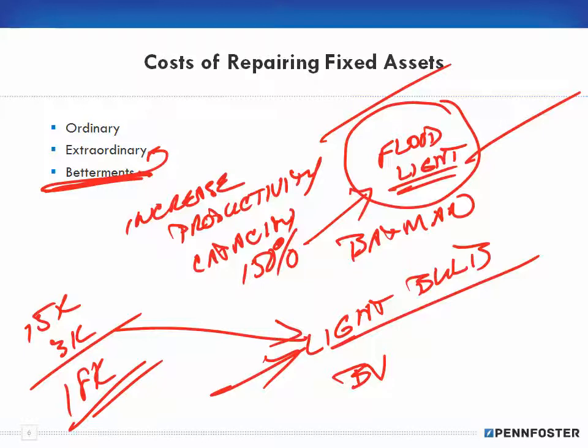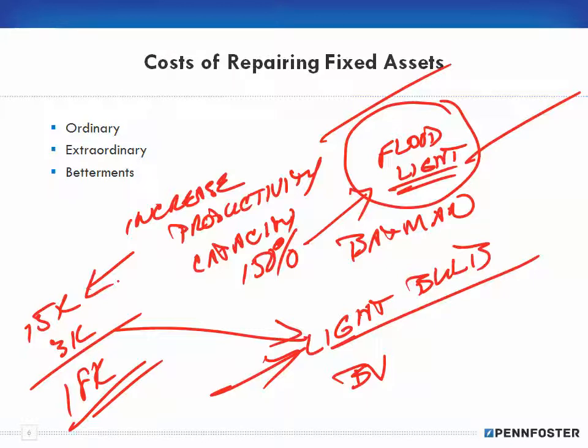Realize that we're talking about a betterment here. You buy this floodlight for $15,000. That's all you need in order to put it into service. It works perfectly fine. You don't have to repair it.